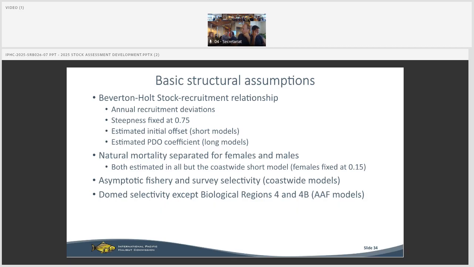It's not much to estimate a relationship like that. I think Melissa Haltuch in her dissertation showed that you needed like 500 years of data to estimate a 10 to 20 year regime effect reliably across all different stock data conditions. In any case, it doesn't look like it's a problem. We have great age data, so the recruitments are pretty anchored in regardless.